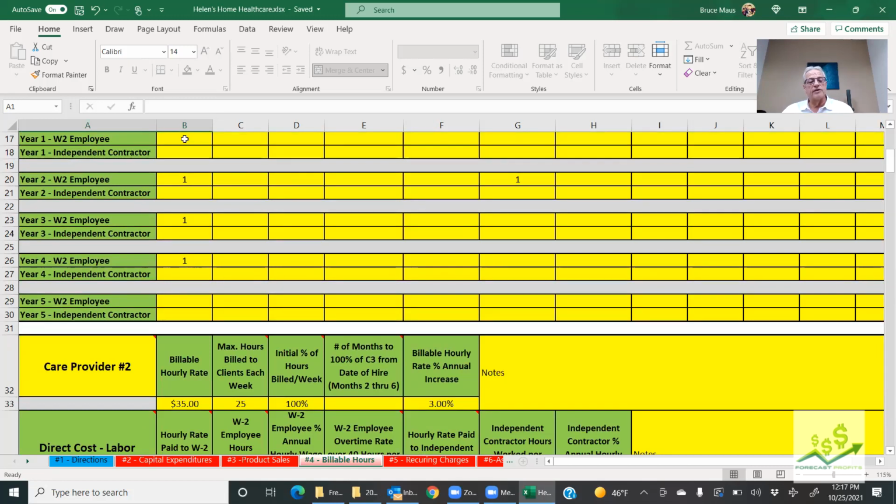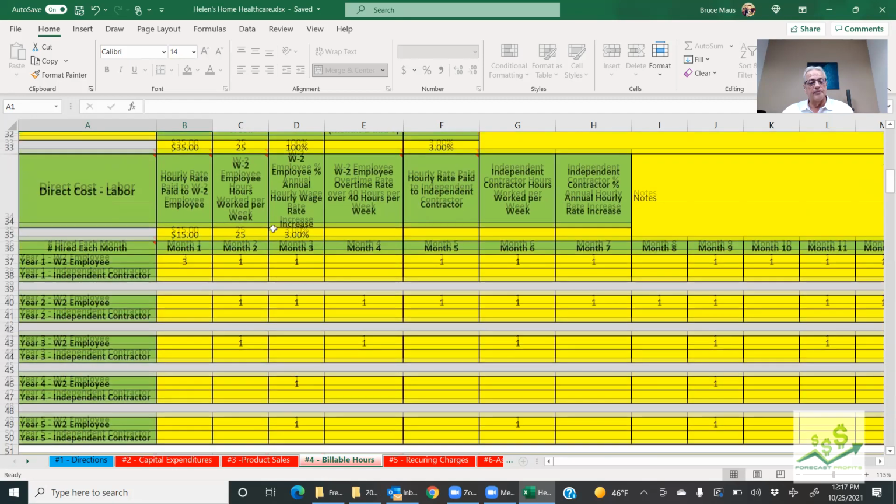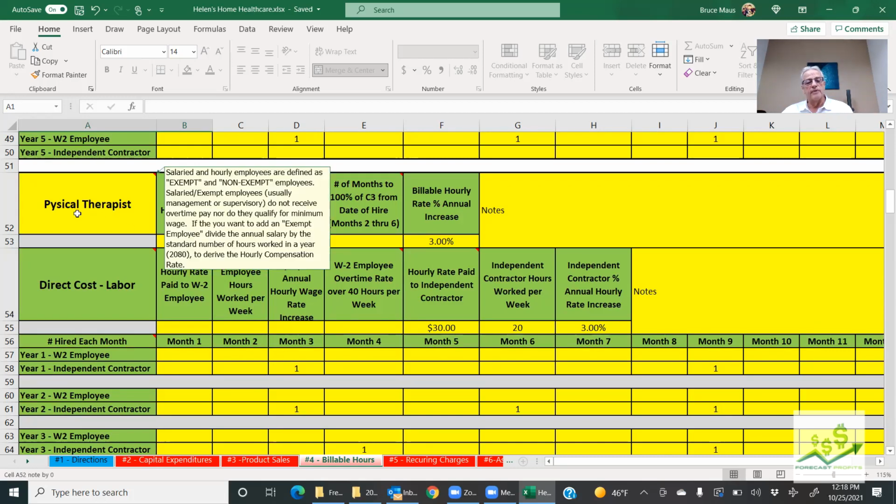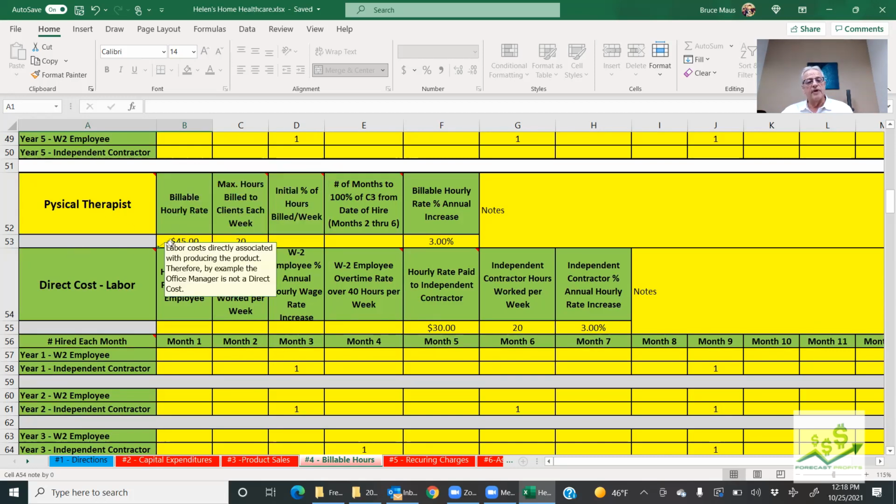5 rows of numbers follow. This allows you to enter when an employee is hired monthly over the period of the next 5 years. Not all of Helen's employees will be W-2 employees. In this case, a physical therapist she plans to hire and bill at $45 an hour to her client, but they'll only work part-time, 20 hours a week.